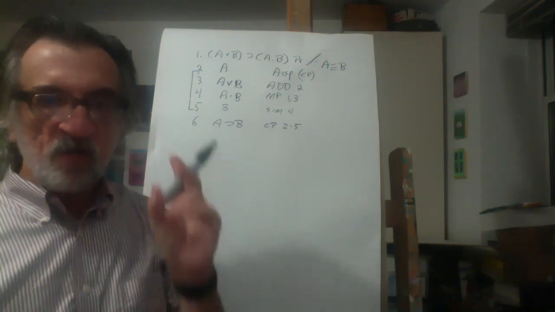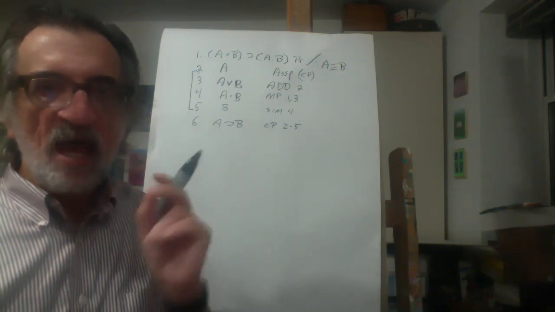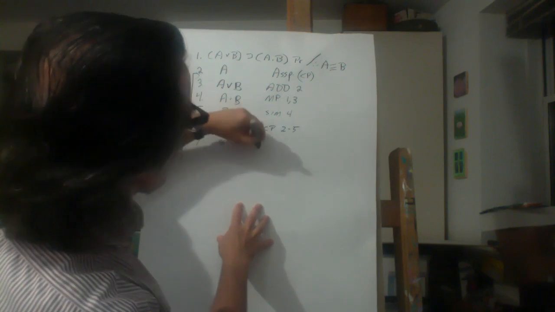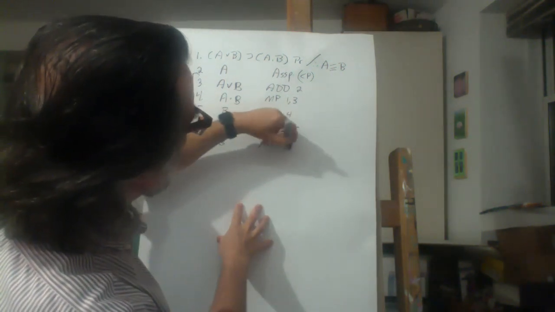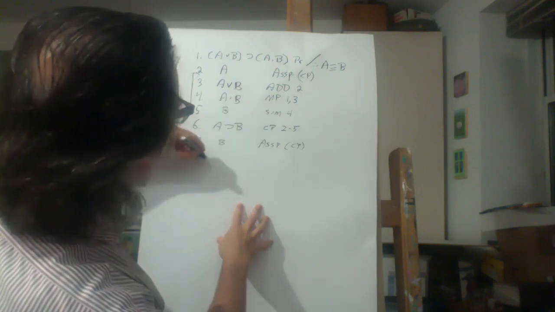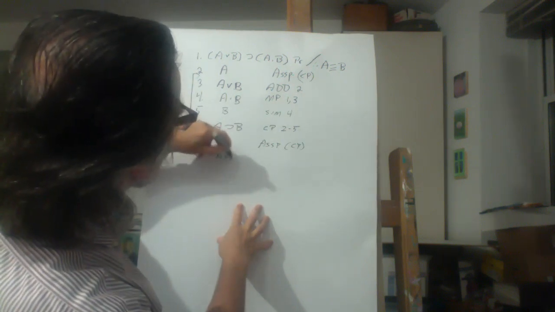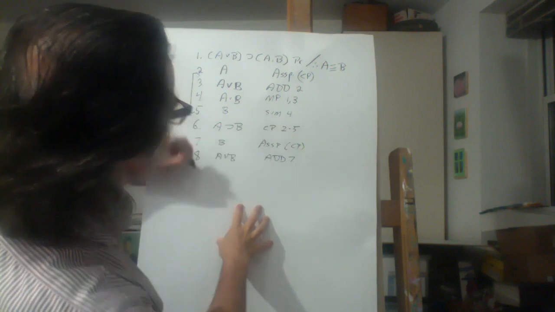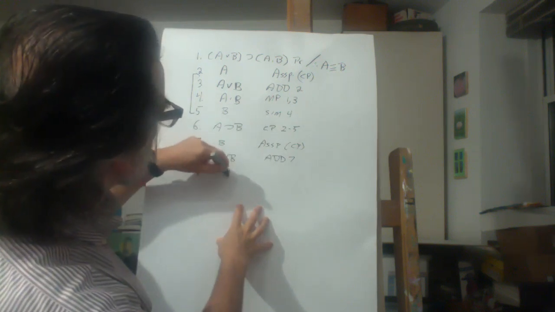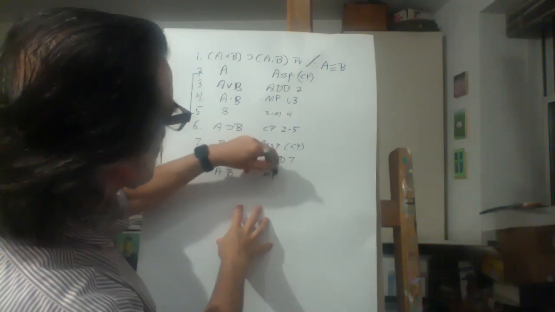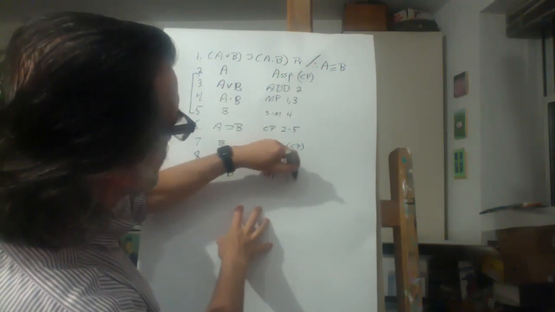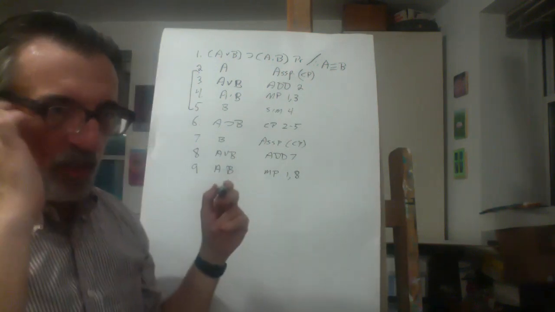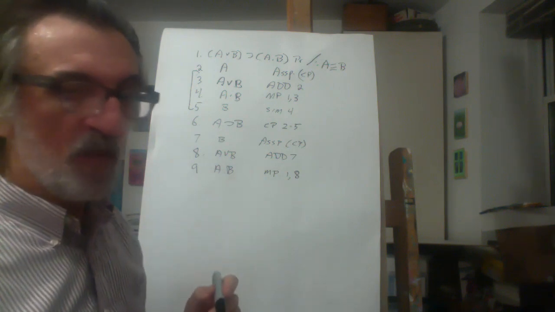We're going to create a new conditional proof starting with B, ending up with A. We go back to the same first premise, actually the same antecedent.